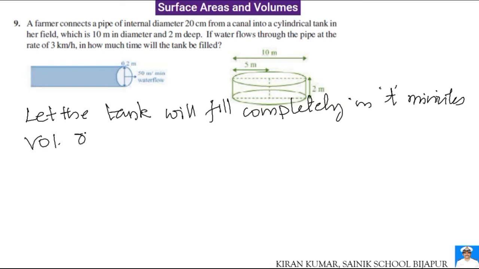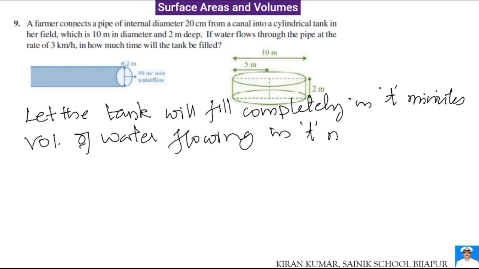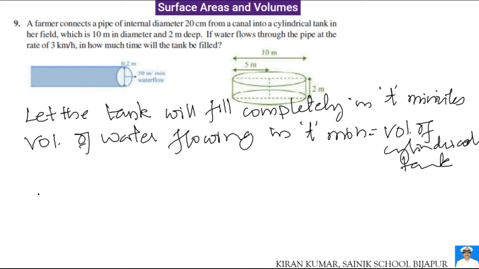Therefore, volume of water flowing in t minutes will be equal to volume of cylindrical tank. This means that t times of 0.5 pi equal to pi times of r2 square into the height.